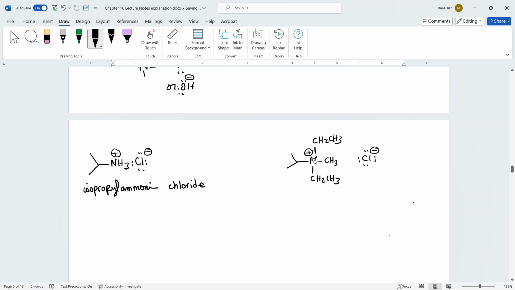Now for this example over here, notice that there is no acidic hydrogen around the nitrogen. It's all carbons in there, so the nitrogen is connected to 1, 2, 3, and 4 carbons. And this is an example of a quaternary ammonium chloride.